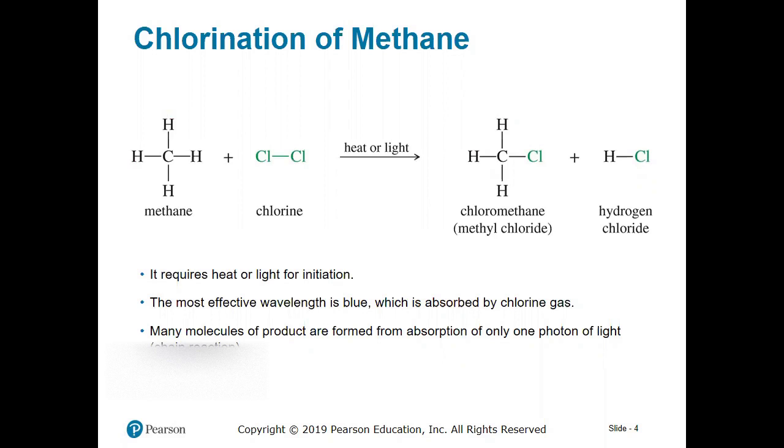Now, in this example, which is methane plus Cl2, the presence of heat or light pushes the reaction to go faster to get to the product. And every single halogenation of alkanes will always go through these three major steps. And remind ourselves that the outcome will always be an alkyl halide plus hydrogen halide. So if it's bromination, then I would be expecting an alkyl bromide and an HBr side product.